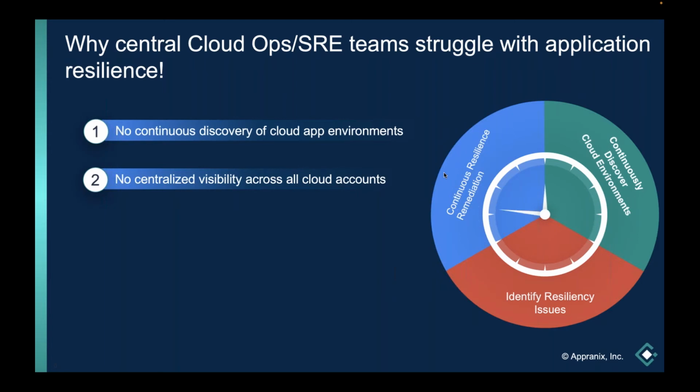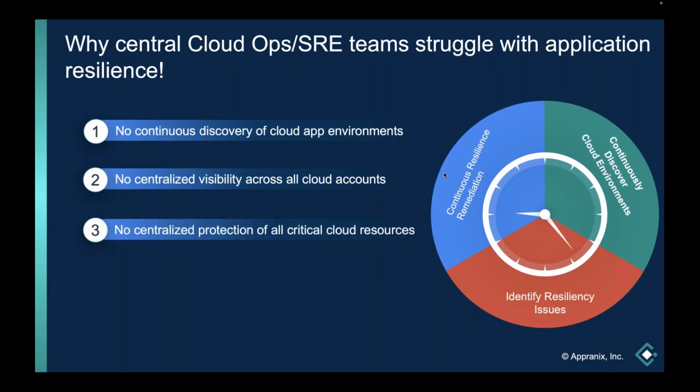And even though some components of the system might be restricted to one particular environment, other components of the system might be talking to the restricted environment as well. So visibility across all these cloud accounts is very, very key. Unless you have that visibility, it's very difficult to protect all these critical resources, right? Without knowing what's going on, how can you just go and assume that you can protect all of that?